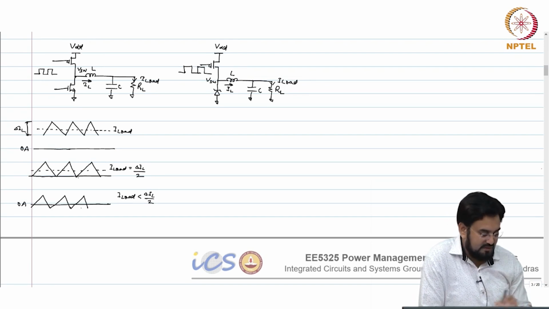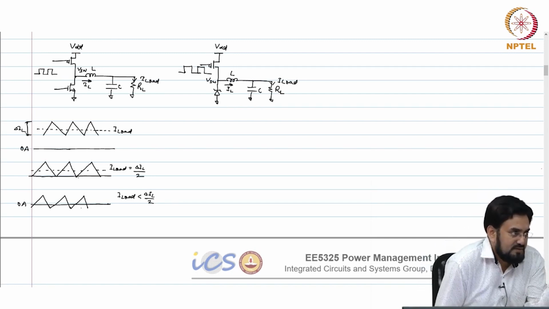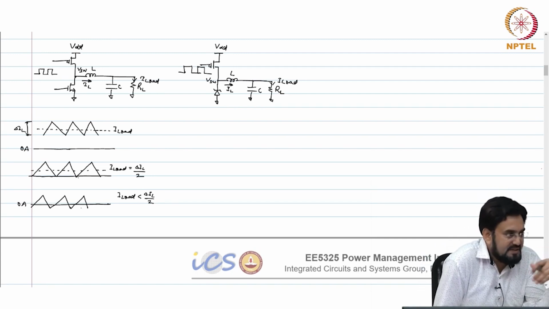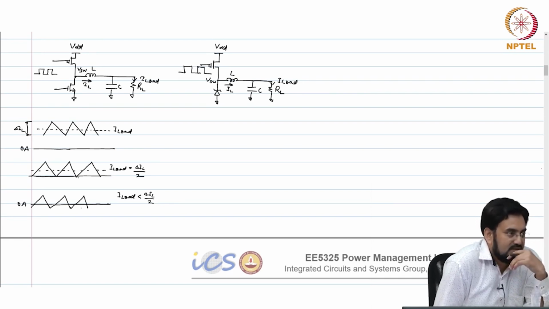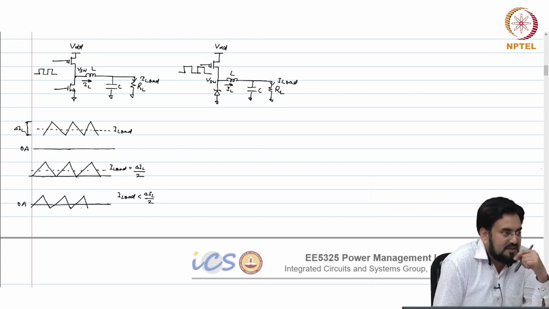And if you have a 0, then it will cross at the midpoint. So which means, and if it's less than 0, let's say negative, there is no issue, but it's a bidirectional. So if you operate this in CCM, okay, it doesn't matter what the load current is.